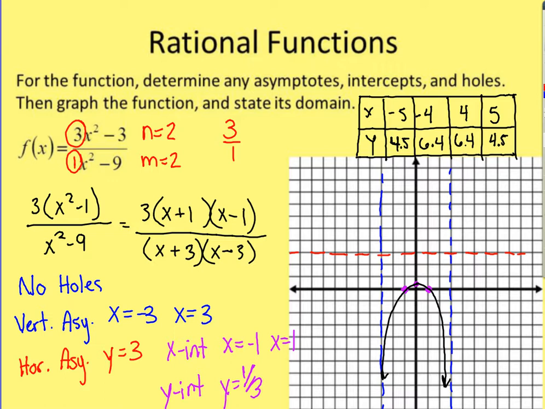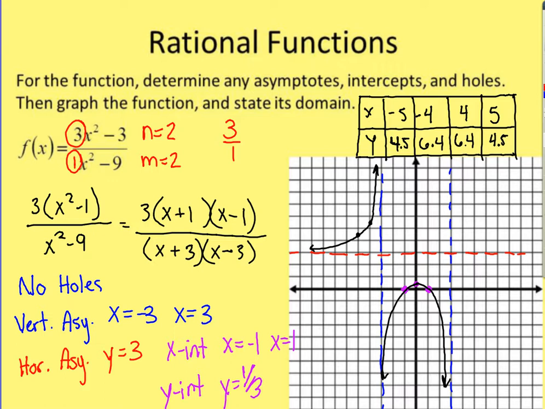So once we fill in the values in the table, we can graph the points. So at -5, we're going to be at 4.5. And at -4, we'll be at 6.4. So we know it's getting closer to the blue line in this direction and closer to the red line in this direction.